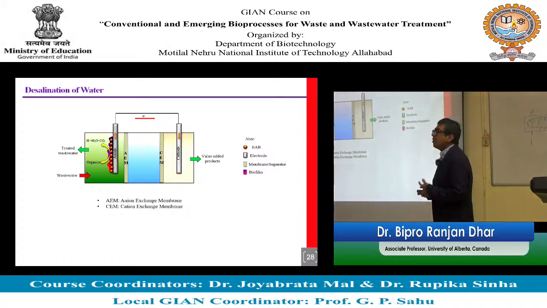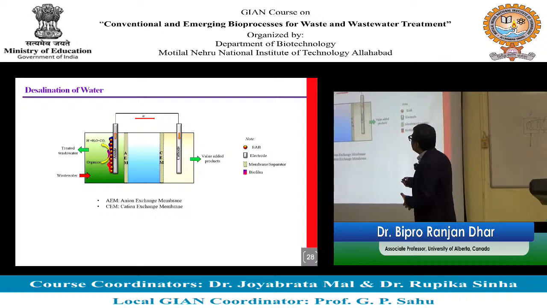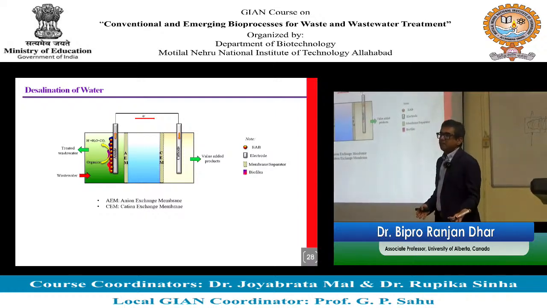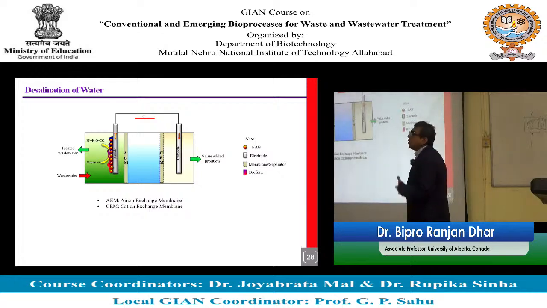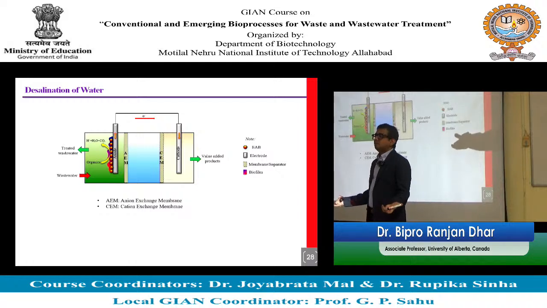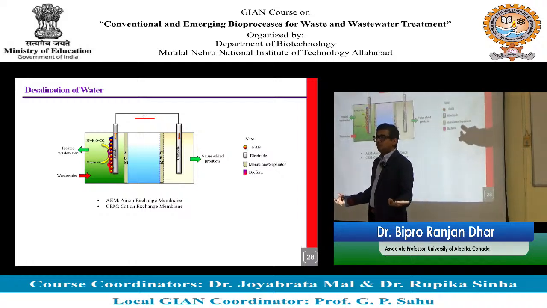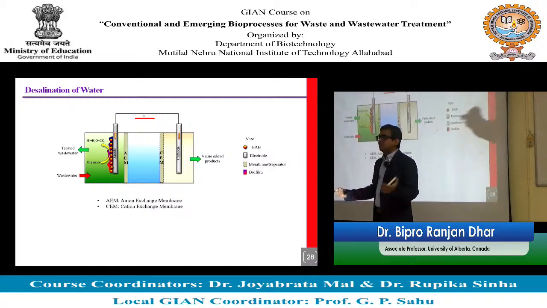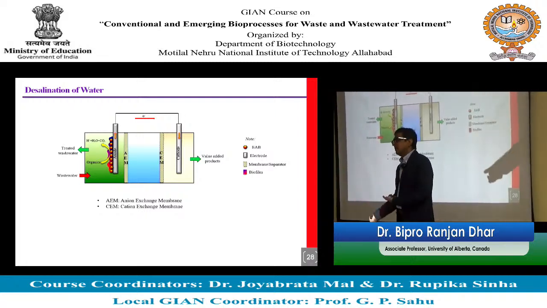Typically anode and cathode chambers are separated by a membrane, right? But let's say seawater: what do we have? We have sodium, chloride, and bromide. So basically some cations and some anions.